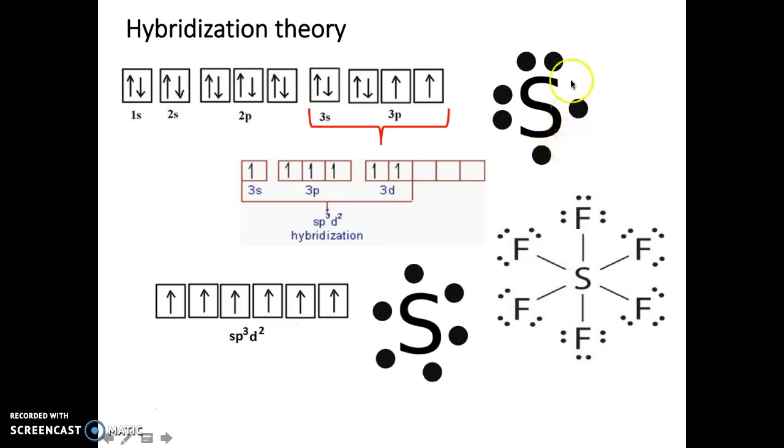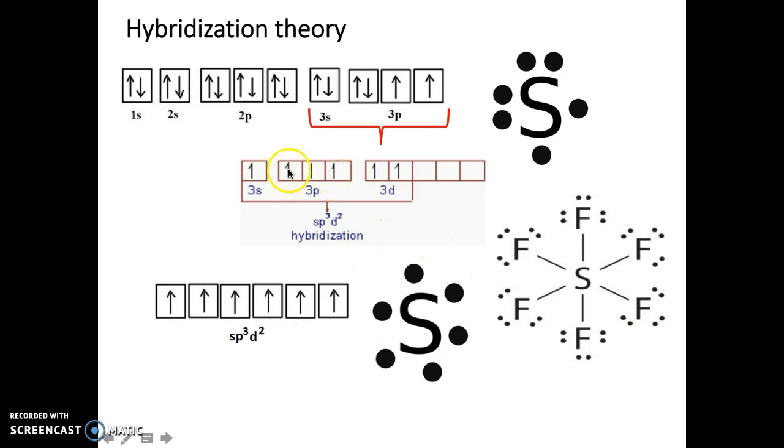Here you see sulfur. Sulfur, as it would suggest here, would only make 2 bonds, and always. And so if you look at this here, the 2 bonds account for what you see here, according to the quantum mechanical model. But really, sulfur actually makes 6 bonds in sulfur hexafluoride. And because of that, we need to have a structure that accounts for the 6 possible bonds that sulfur can make.